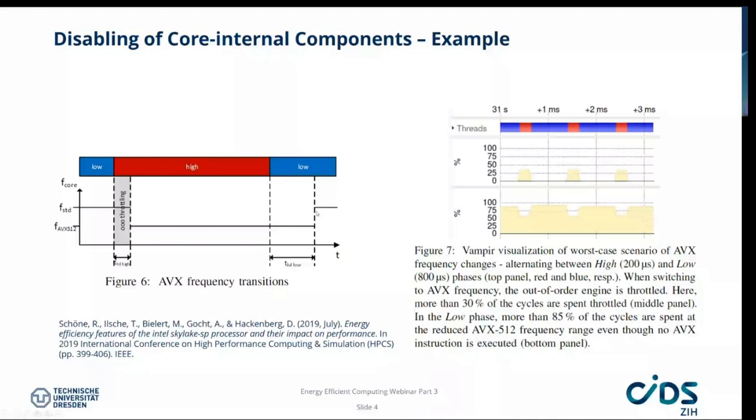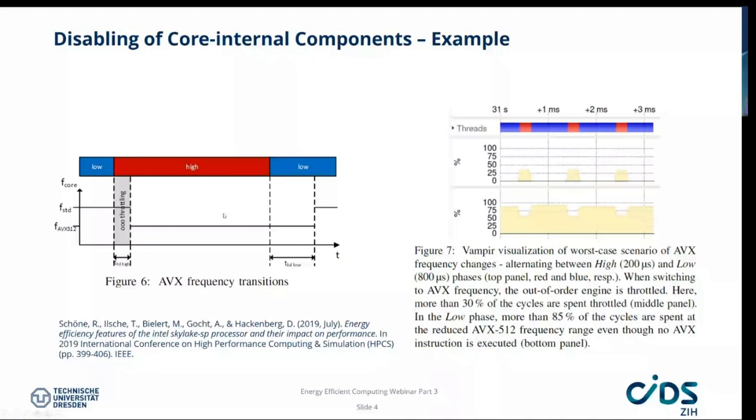That leads to a problem: you're losing performance here because you have a lower instruction throughput due to that out of order throttling, and you're losing instructions here at the start of the low phase because you're running in the lower frequency band. Depending on the signal length, if you're alternating between low and high, you're constantly losing performance.